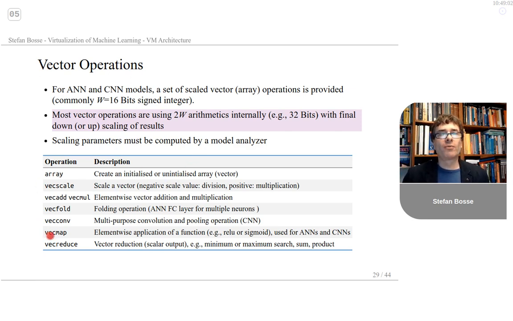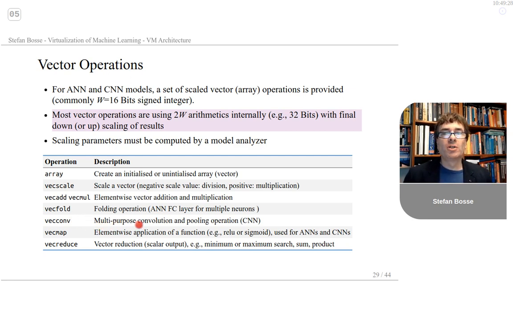So we have a lot of operations: the array operation itself, allocating space for initialized and non-initialized data. We have vector addition and multiplication, element-wise operations, vector scaling operations, folding operations used to compute an entire artificial neural network layer with multiple neurons.